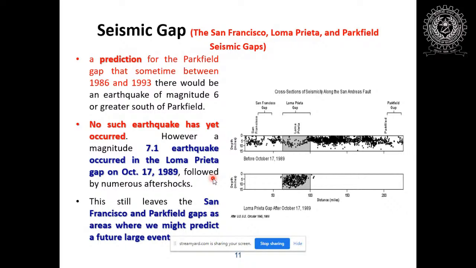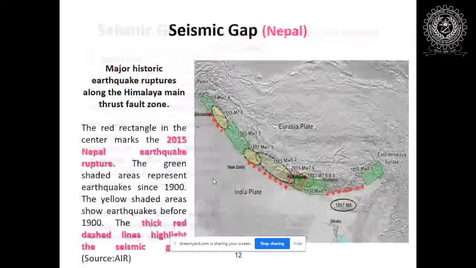But never such an earthquake has occurred, while a magnitude 7.9 earthquake in Loma Prieta occurred in 89. As I told you, in San Francisco and Parkfield we may still think about a major possible earthquake to come.